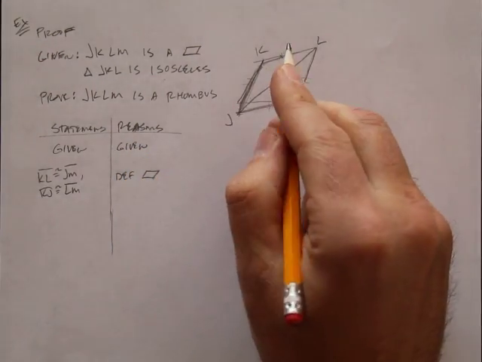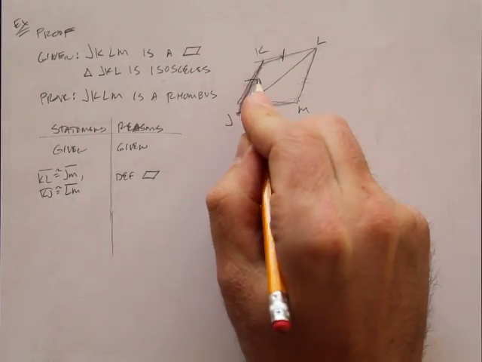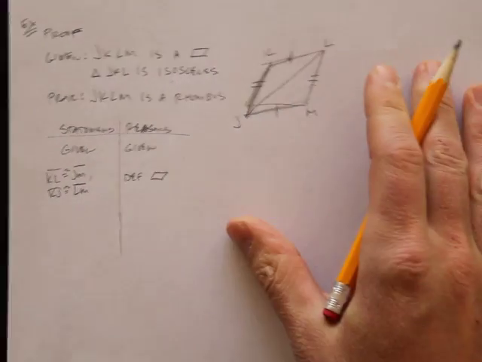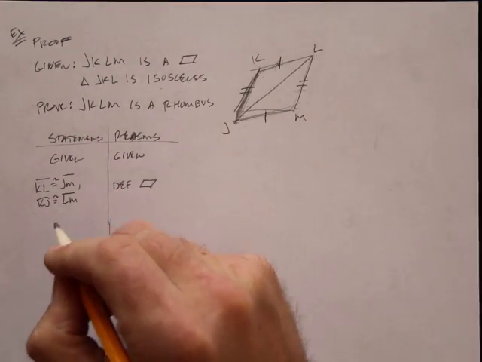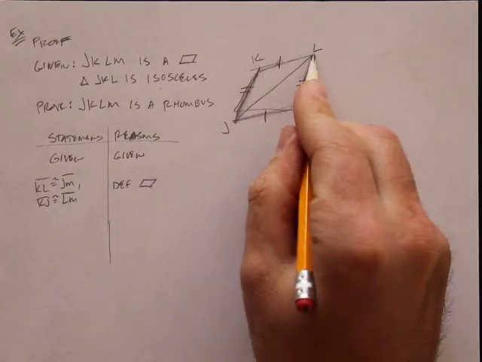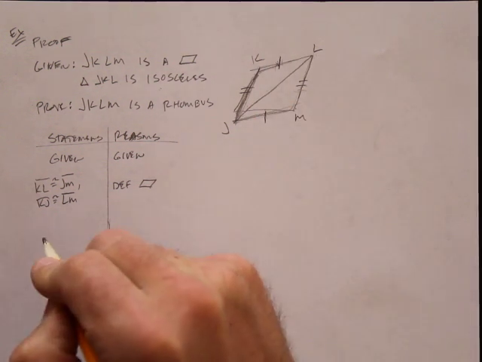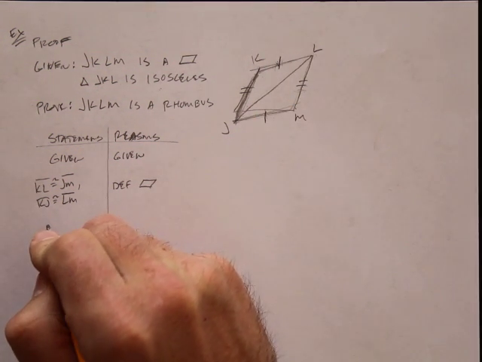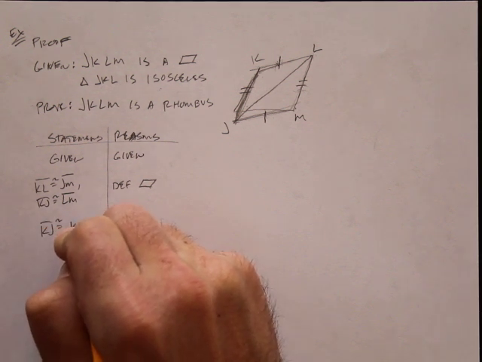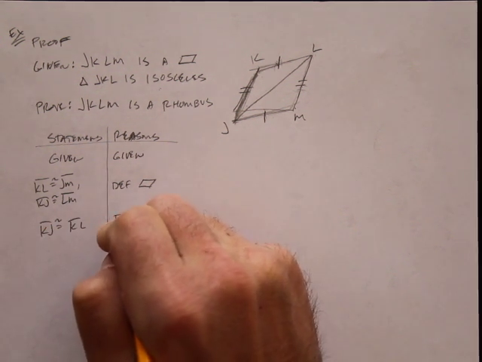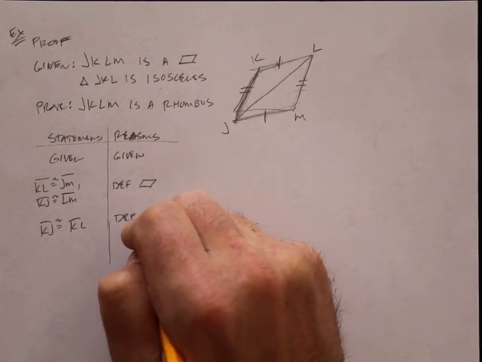Okay, so I've just said this one is congruent to this one is congruent to this one. It's a parallelogram, so we know that. Now, I am also going to say that this one is congruent to this one because of an isosceles triangle. So KJ is congruent to segment KL. And that's a definition of an isosceles triangle.